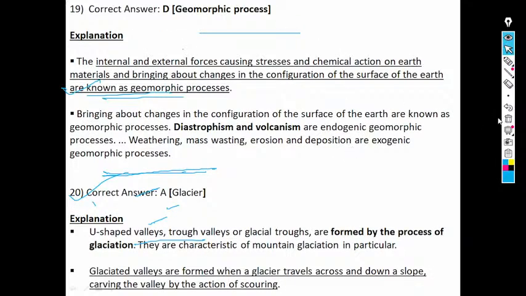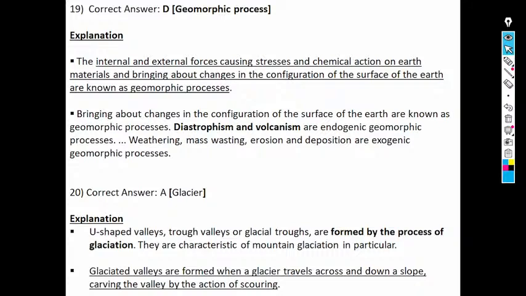Geomorphic process is an internal and external process causing stress and chemical actions on the earth material, and bringing about changes in the configuration of the surface of the earth.